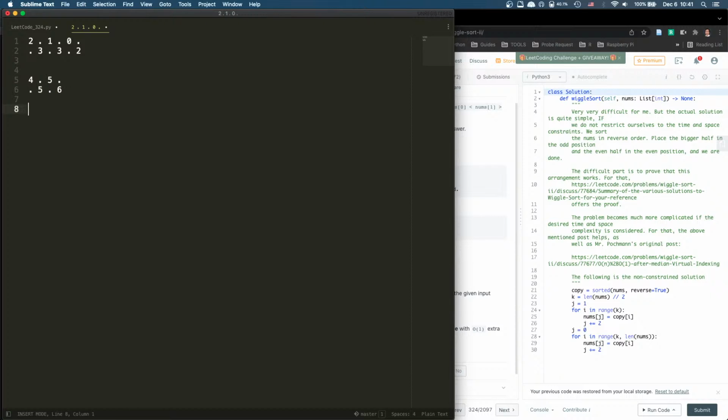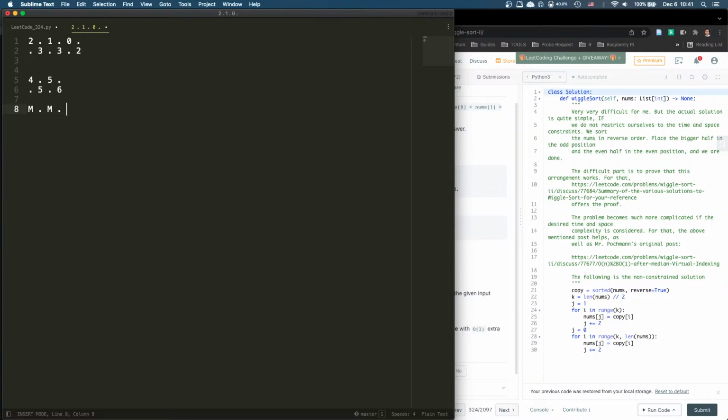The whole point is to get the median values as far apart as possible. So what is the strategy to make them far apart? It is to keep the median values on the even position as far to the left as possible, and the median values on the odd position as far to the right as possible. So basically we're going to put the median at the start.